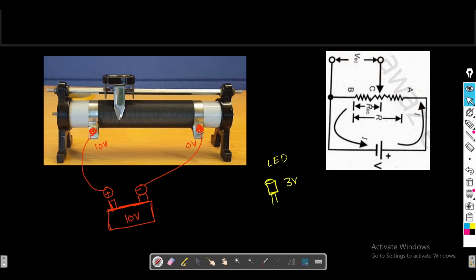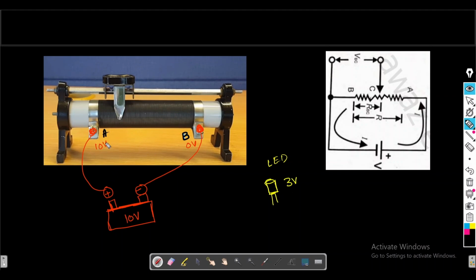Similarly, consider this point which is connected to the negative terminal of the battery as point B. I am going to change the color here, so I am going to take this black color. So this is actually point A, and this is point B, and here will be some potential difference.